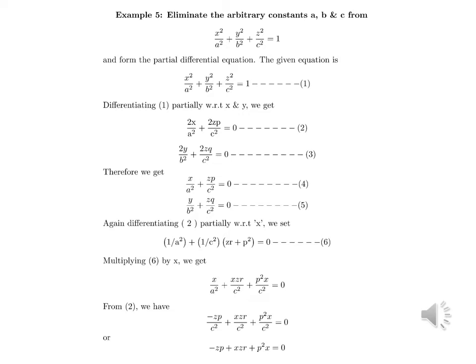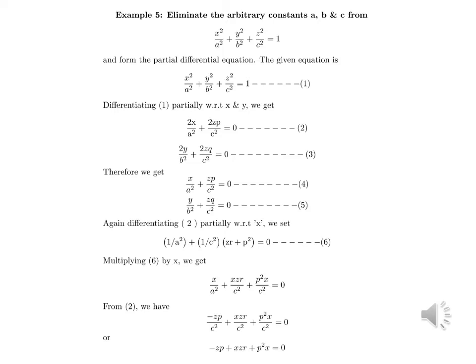We put this as equation number 2. Also, when you differentiate partially with respect to y, you get 2y divided by b square plus 2zq divided by c square equal to 0. We keep it as equation number 3.